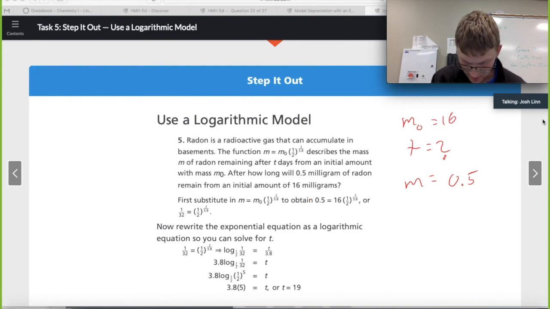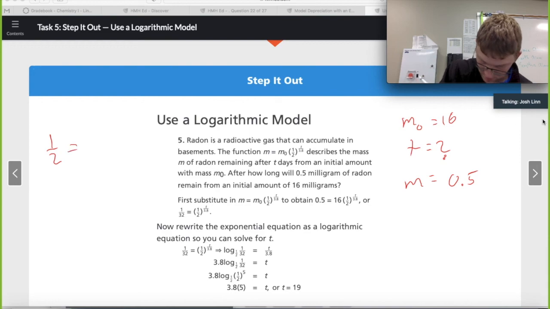Decimals are evil, so we switched everything over. Wait, did we? Yeah, so right here, they took care of the 16. What had happened was we switched that 0.5 to 1 over 2, so 1 over 2 equals 16 times 1/2 to the power of t over 3.8.